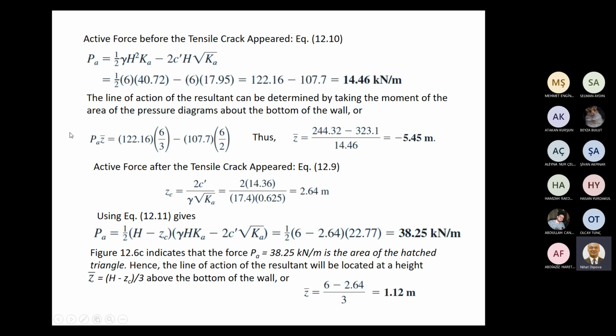The line of action of the resultant can be determined by taking the moment of the area of the pressure diagrams about the bottom of the wall. Taking moment, Z bar can be calculated as 5.45 meters. Here minus means under the surface.